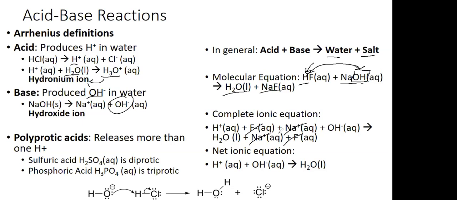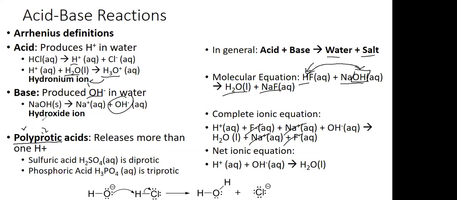Now, we have different types of acids. What we looked at in our example there is just an acid that has one acidic hydrogen, but other acids can release more than one H plus. These are called polyprotic acids. Poly means many.